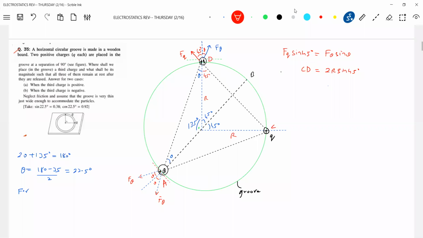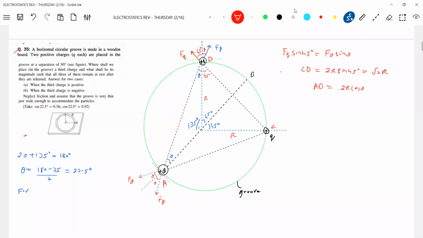Distance CD, I am writing this distance: 2R sine 45, or directly root 2 R. Straight away we can write it. Similarly, I want the distance AD. Distance AD will be 2R cos theta. The cos theta value we know.